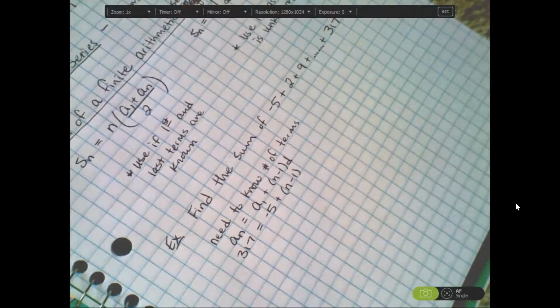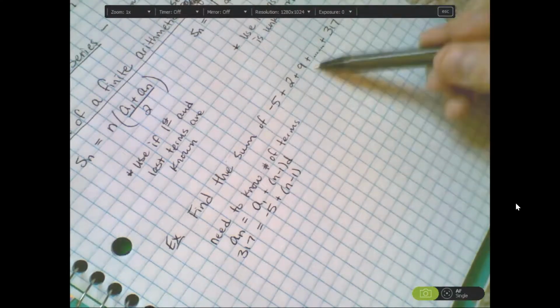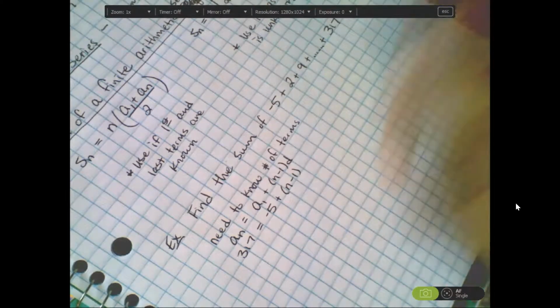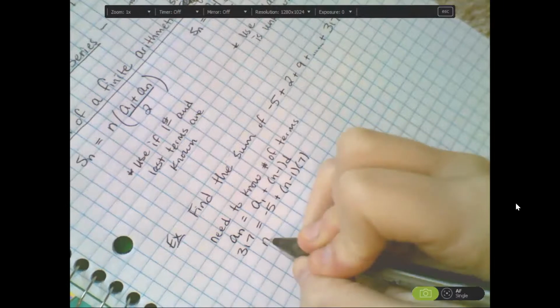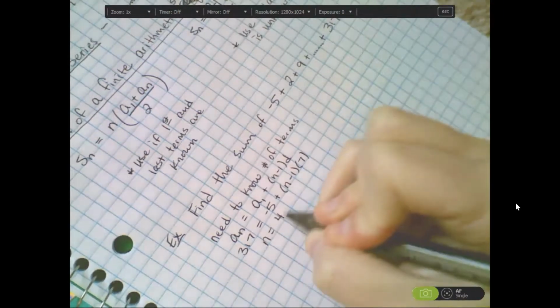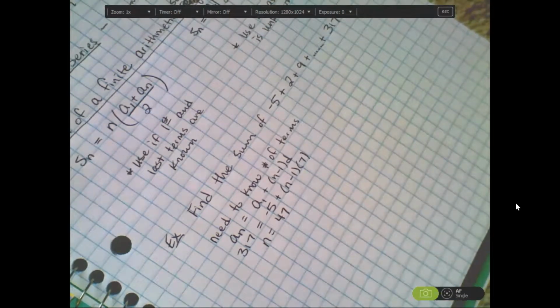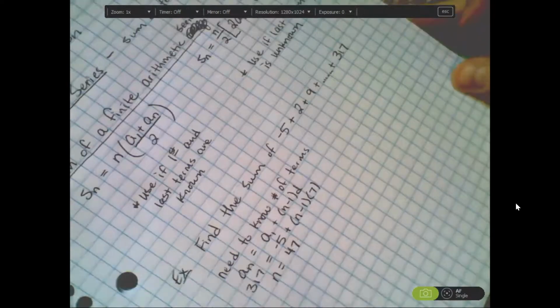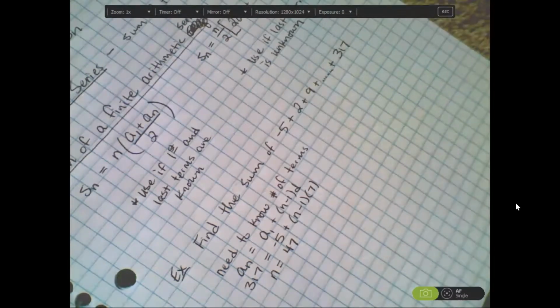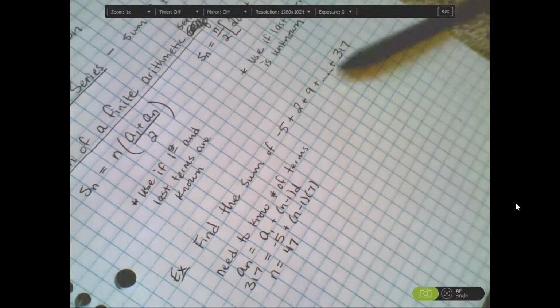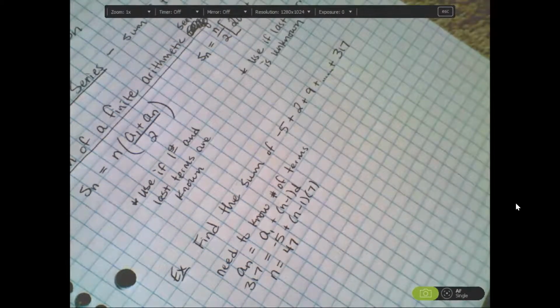We don't know n, but we can look and figure out the common difference. We're just adding 7 each time. So if I solve this for n, I believe it turns out to be 47. So in this list of numbers, starting from -5 going to 317, there would be 47 numbers. So we skipped over quite a few in that little dotted section.